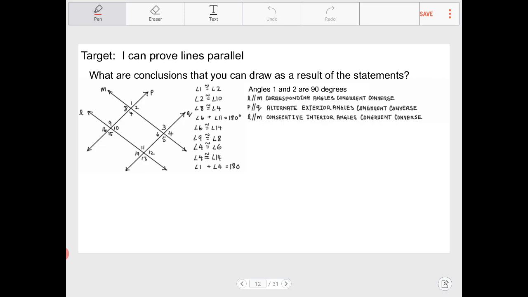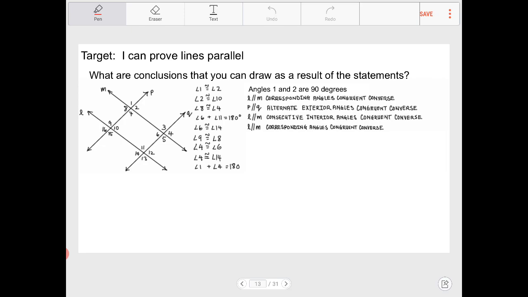What about angle 6 congruent to angle 14? Those are once again corresponding angles to lines L and M cut by transversal Q. So I can conclude one more time that L is parallel to M because of corresponding angles congruent, converse.